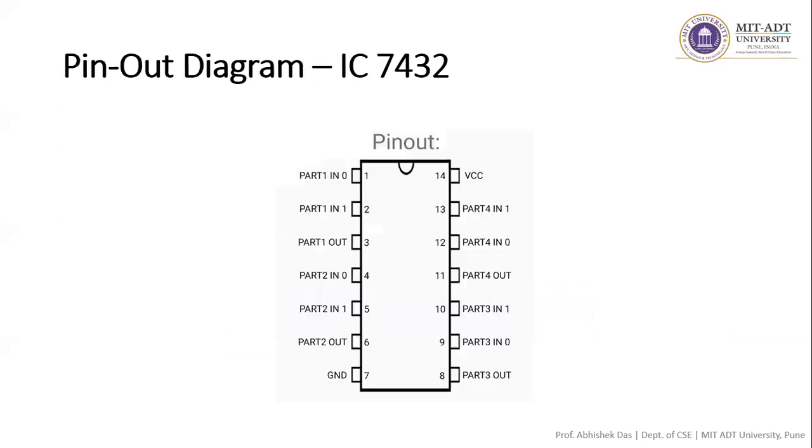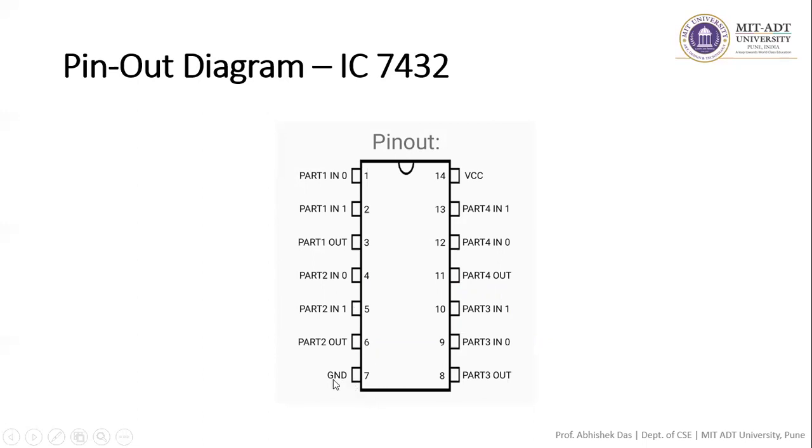Okay, now let us come to the pinout diagram of the OR gate. Again, you can see that we have the 14-pin IC, and the IC number is IC7432. Pin number 1 and pin number 2 are the two inputs, and pin 3 is the output. Again 4 and 5 are the inputs and 6 is the output.